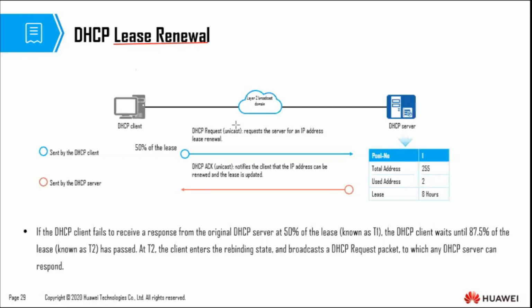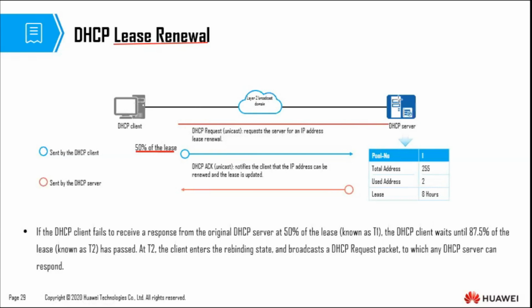What happens is this: at 50% of the lease, so if it's 24 hours, then at 12 hours, we are going to send a DHCP request packet, which is unicast. The purpose is to request the server for an IP address lease renewal.